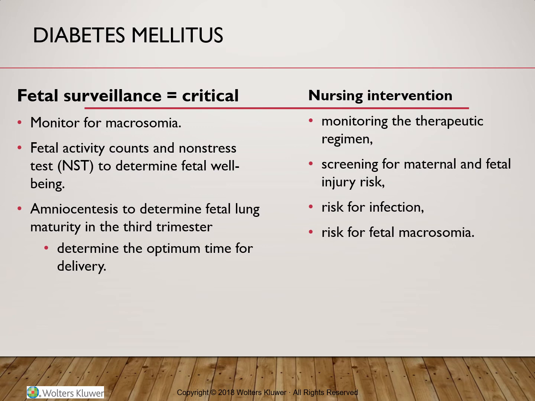Whenever there are sustained periods of hyperglycemia, those will result in higher levels of hemoglobin A1c. So the goal for a pre-pregnancy diabetic patient will be to have hemoglobin A1c at a level of under 8.5%.